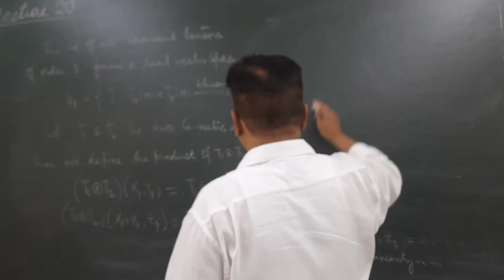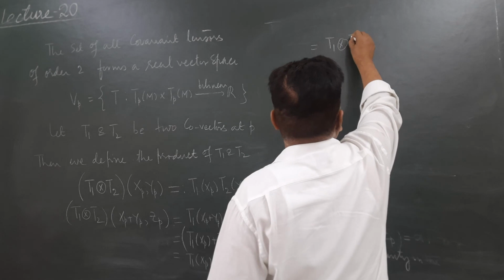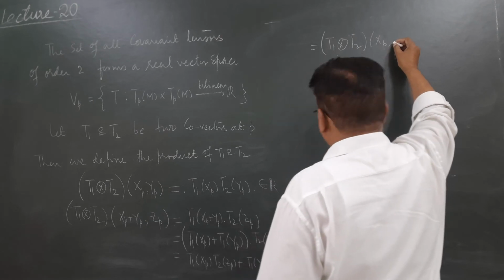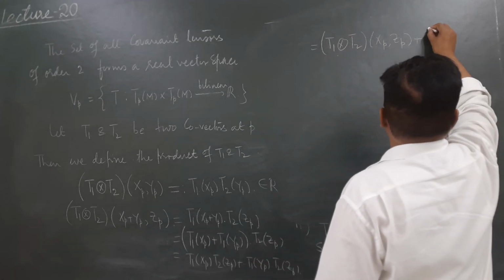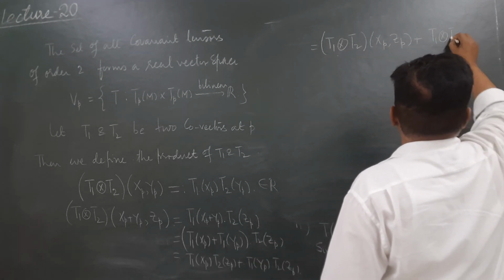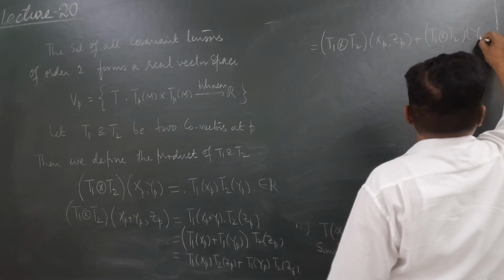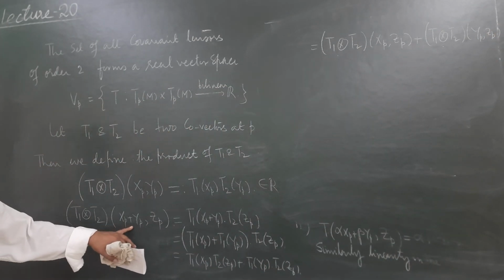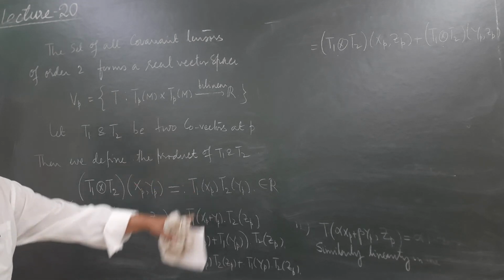Yes, so the right side is T1 tensor product T2 operating on (xp, zp) plus T1 tensor T2 on (yp, zp). क्या नतीजा निकला कि यह डिस्ट्रीब्यूट्स, पहले स्लॉट में ये लीनियर है, similarly it is linear in the second slot. बिल्कुल वही कंप्यूटेशन, कोई फ़र्क नहीं है.